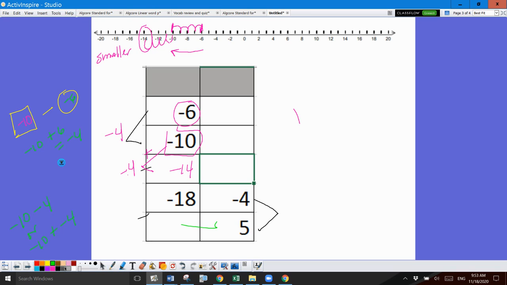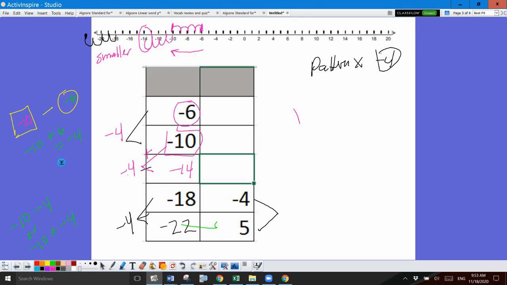And same thing on this one. I'm going to subtract 4, -18, 1, 2, 3, 4. I'm going to be here, which is going to be -22. Okay, so the pattern of the x is -4 because I was getting smaller.